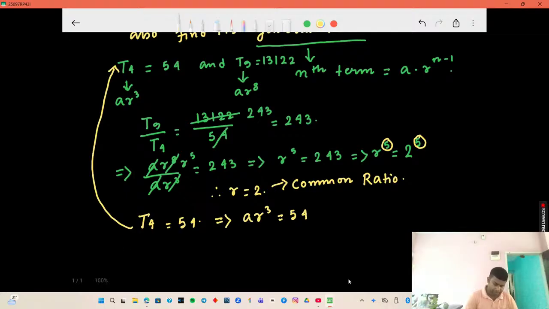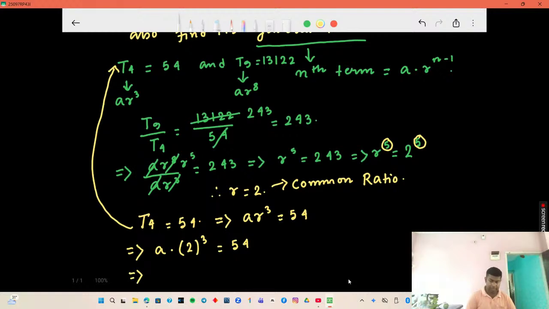And from here we have to find the value of A. So A into what is the R? The value of R is 2. So 2 cube is equal to 54.